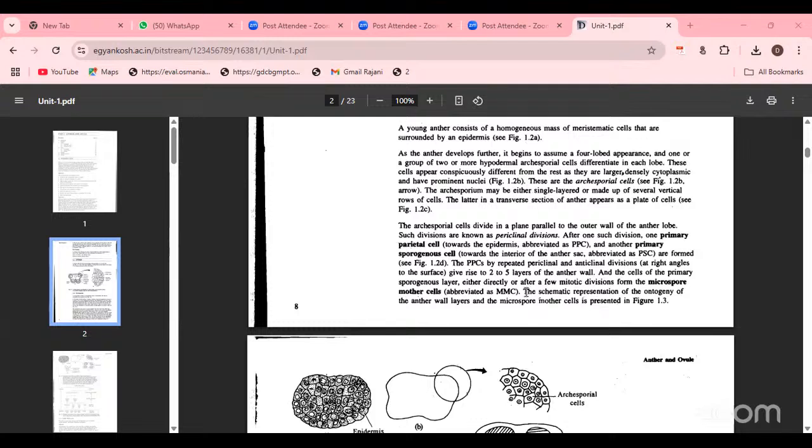The schematic representation of the ontogeny of the anther wall layers and the microspore mother cell is presented. Now the final MMC is present. That MMC is called the microspore mother cell.